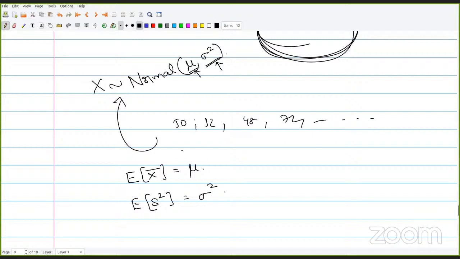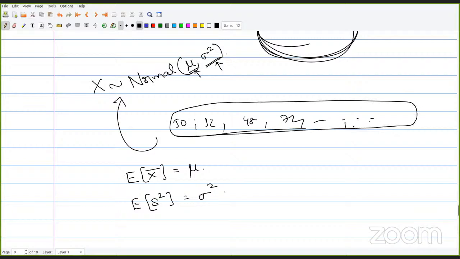So now you have these many weights with you. Let's say not only 10, you have collected some 100 weights. You just compute the mean of this and the variance of this, and that will be the normal with mean mu and variance sigma square.